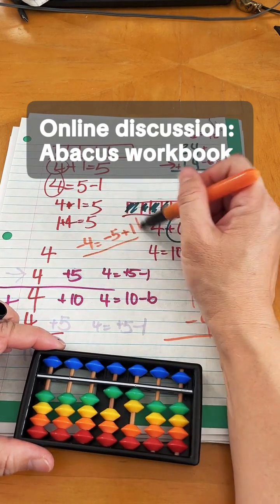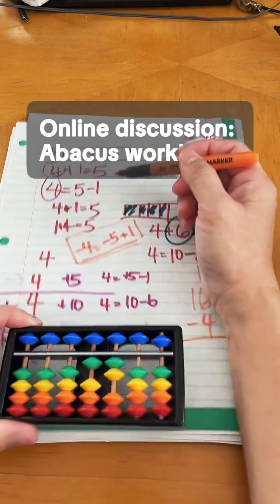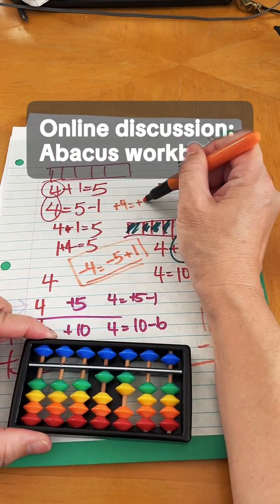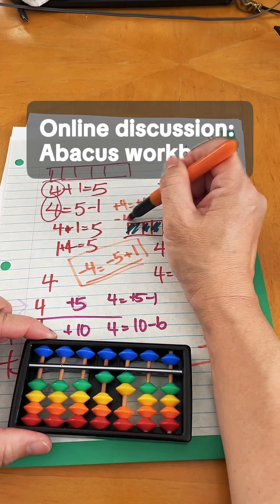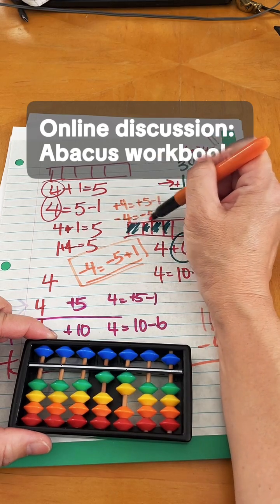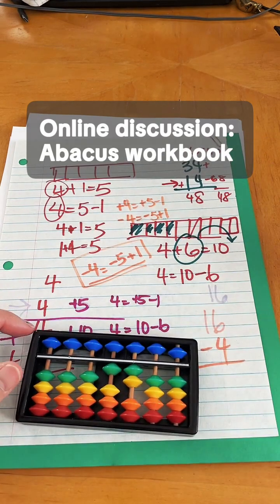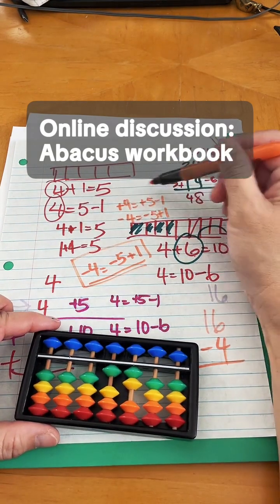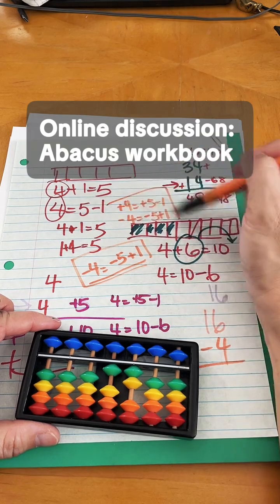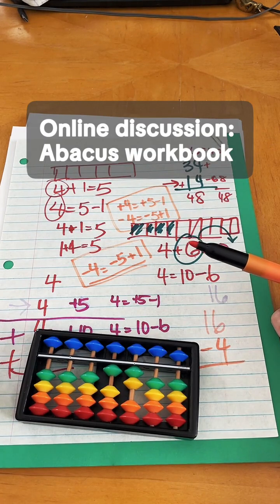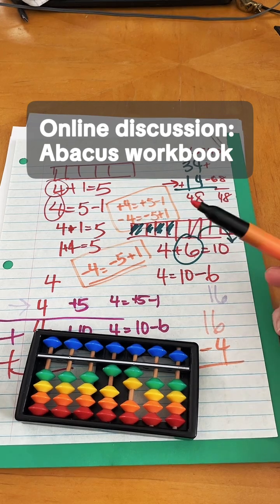So we're still learning our 5 frame, but now we're really manipulating it. So we have add the 4 is equal to plus the 5 minus 1, or I have to take away the 4 is equal to minus the 5 plus the 1. So it's really quite interesting how Abacus actually does build on this fundamental concept. So that's why the 5 frame is so amazing.